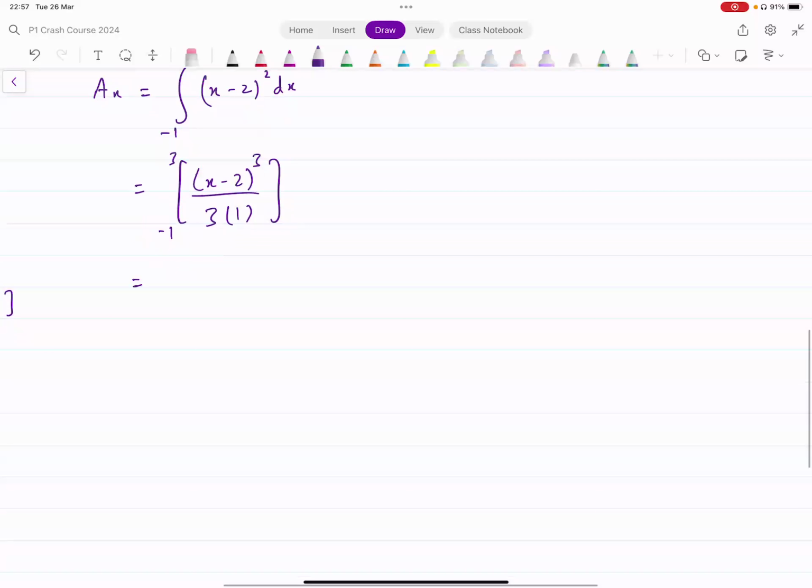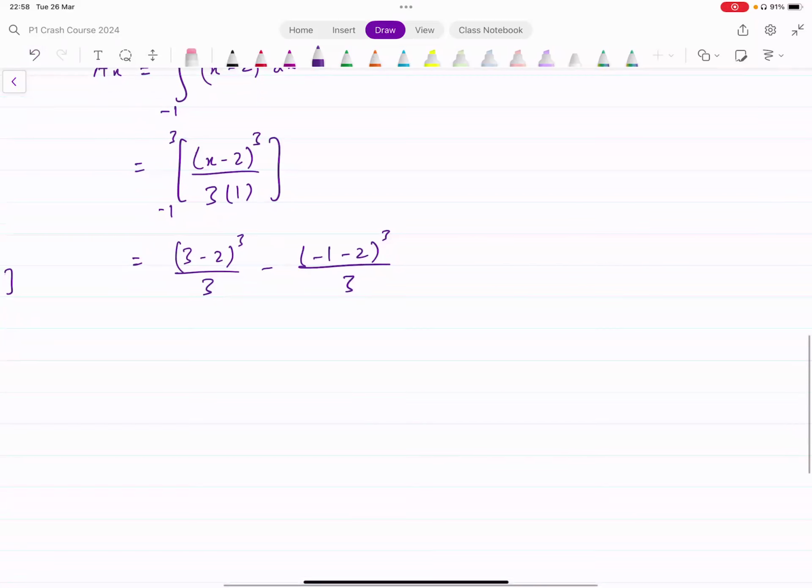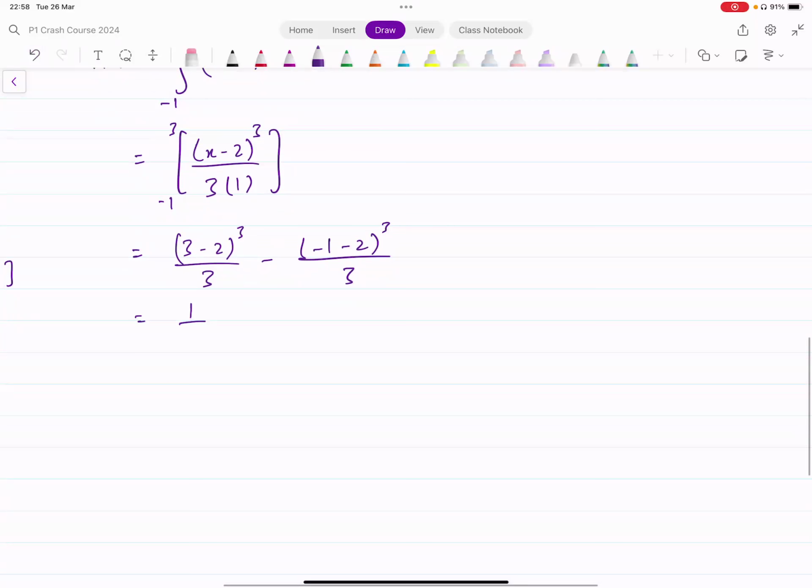Let's see what we get from that. When we input 3, that gives us (3 minus 2) whole raised to power 3 divided by 3. Subtract from this (minus 1 minus 2) whole raised to power 3 divided by 3. Okay, and that turns out to be 1 over 3 minus (minus 3) whole cube.